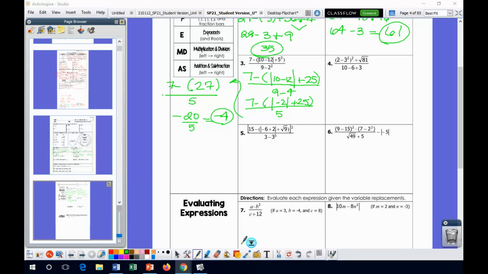It's just minus 6. 10 minus 6 divided by 3. That's a subtraction. Okay, so the square root of 81 is 9 or 8? 9. Okay.